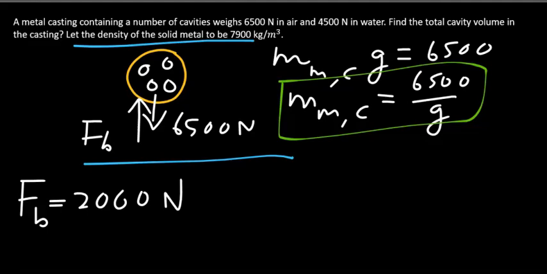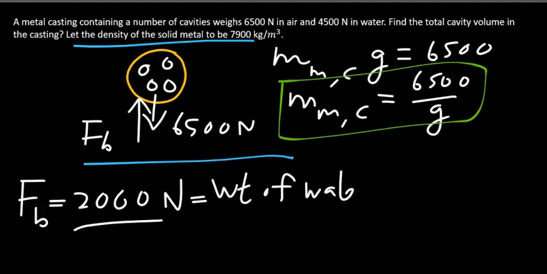According to Archimedes principle, this 2,000 newtons of buoyant force is the same as the weight of water displaced by this object. That means it is the mass of the water displaced times gravitational acceleration.